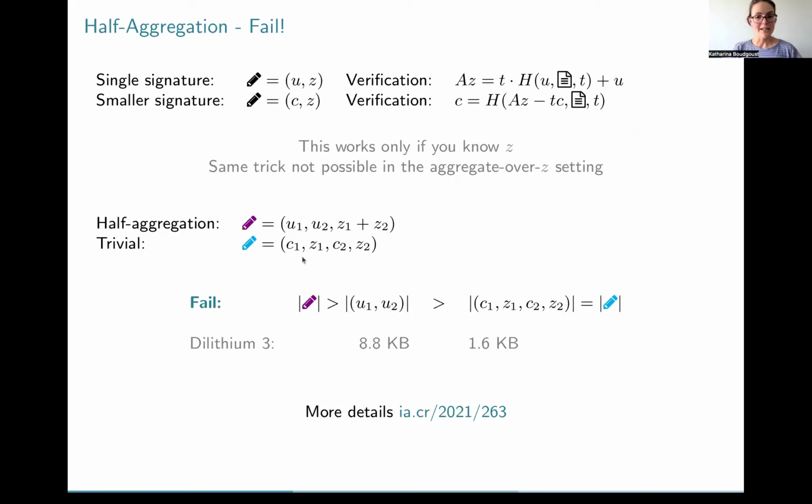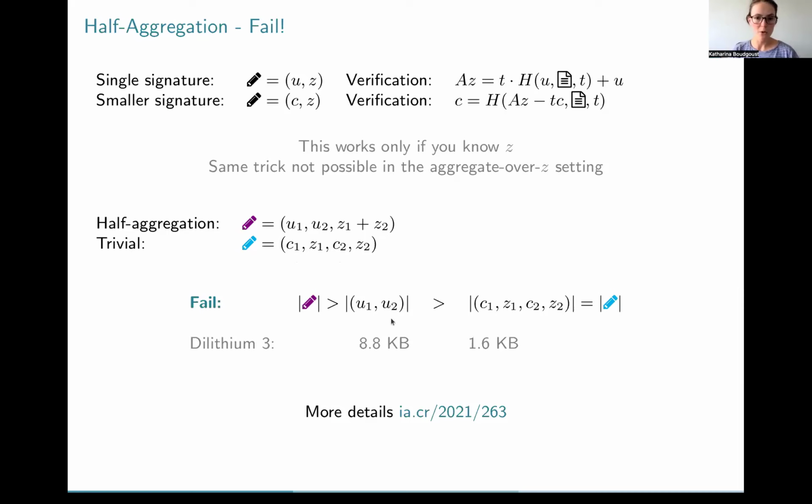But in the trivial concatenation, we can replace the U's by the challenges. So we have C1, Z1, and C2, Z2. And here comes the failure. It turns out that the U part is bigger than sending C and Z all together. So I think this would even be true if I just would have one, but I here sketched it for two.